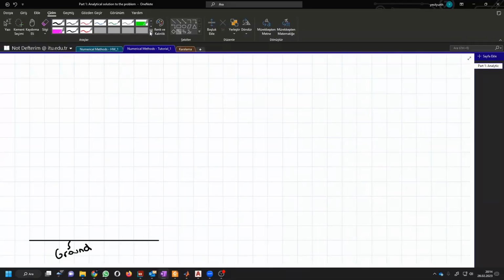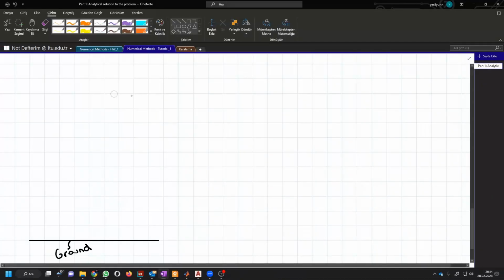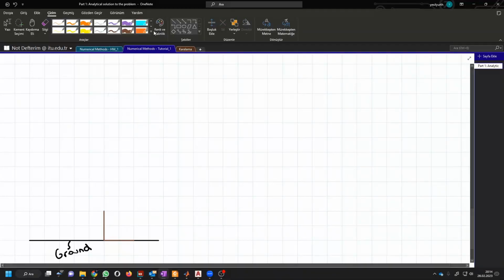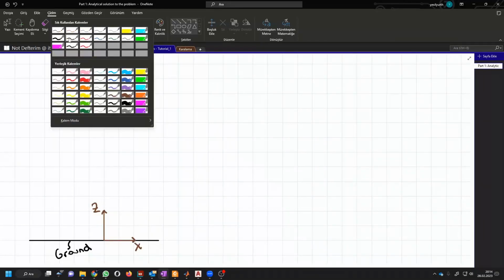On the ground I will have an earth fixed or global axis system whose axes are capital Z and capital X.